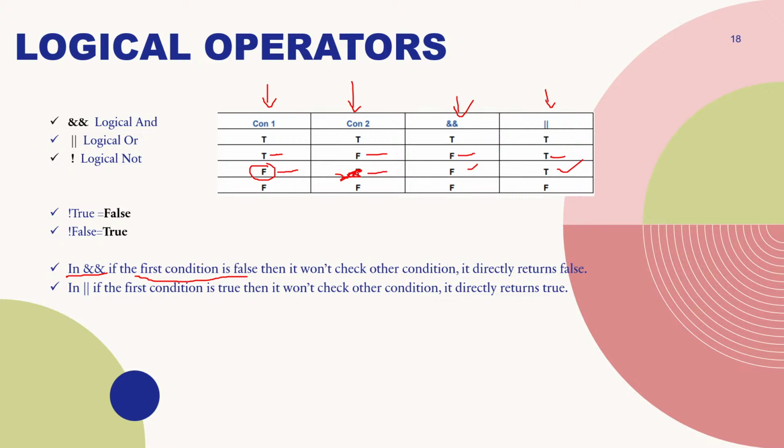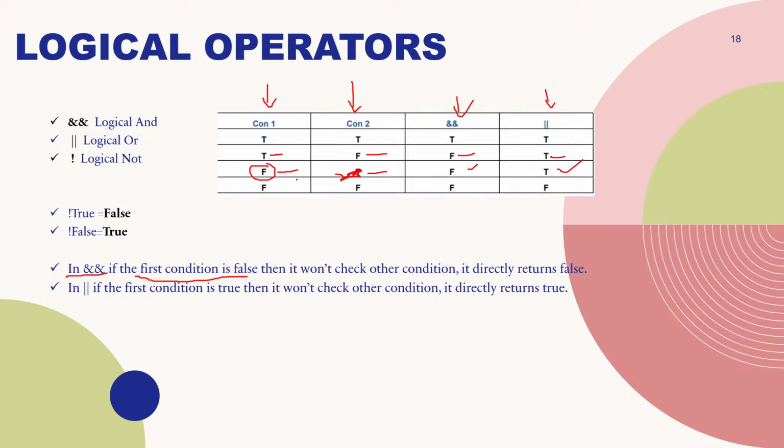Because for logical AND, both conditions should be true, right? The first condition should be true and the second condition should be true. Only then will logical AND give you true.